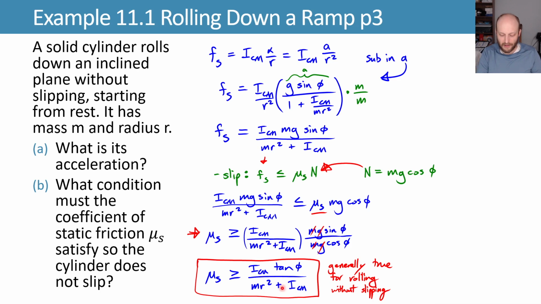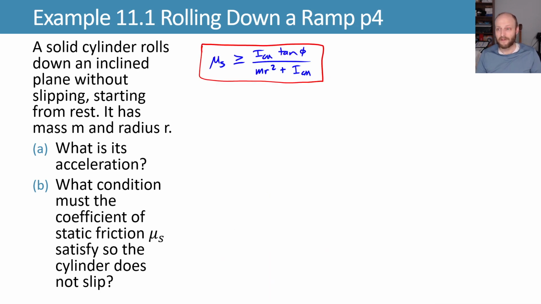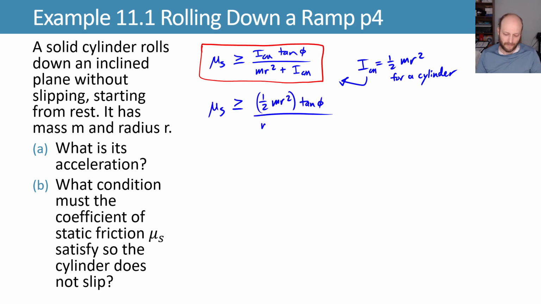All right, so let's start with this and then continue on from there and say for a cylinder, I is equal to 1/2 mr squared. Plug that in. Do a little bit of algebra. It looks like those mr squareds will cancel because we can factor it out from the bottom and then cancel it out with the top, leaving us with 1/2 tangent phi over the quantity 1 plus 1/2.